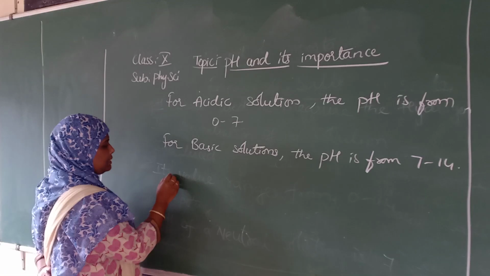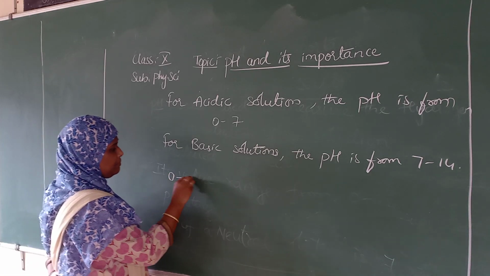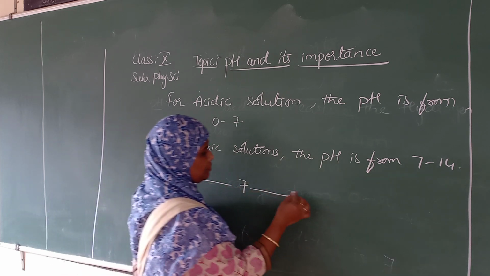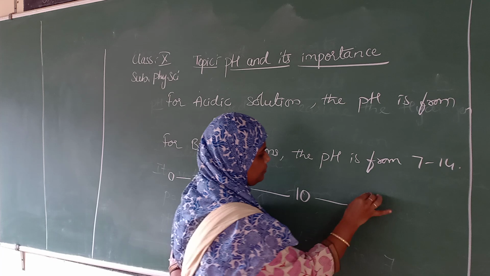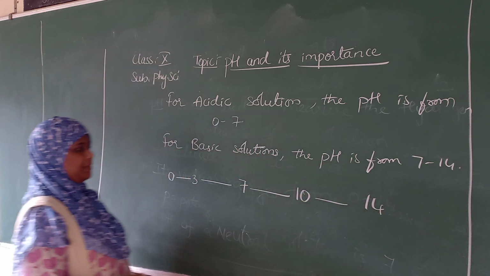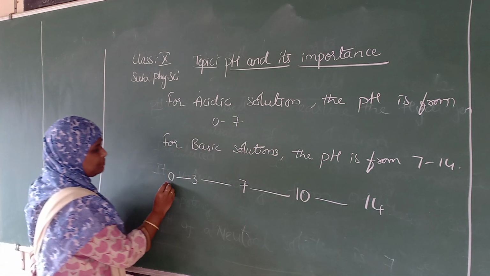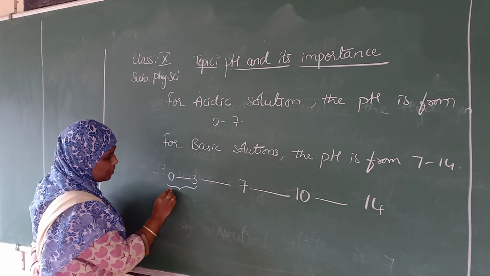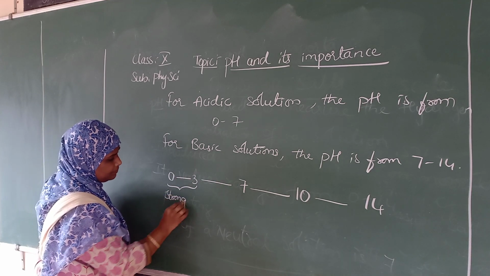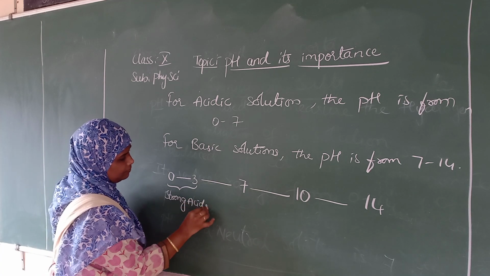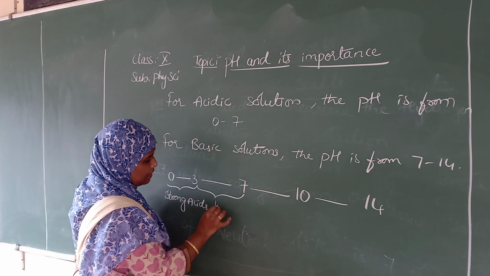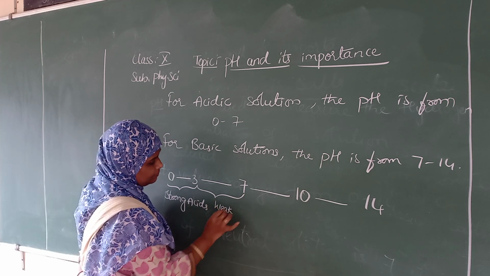So, the pH values range from 0 to 14. From 0 to 3, the substances are strong acids. From 3 to 7, the substances are weak acids.